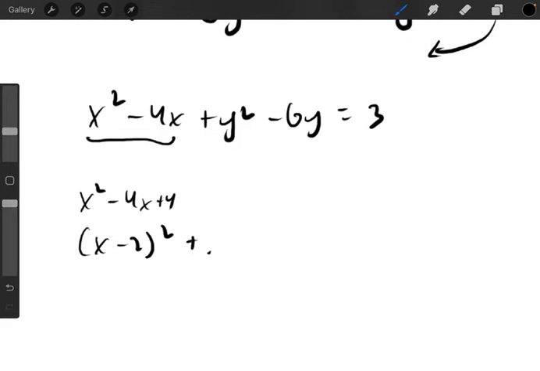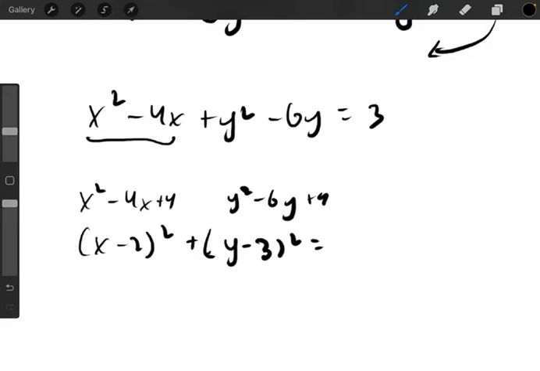If anyone doesn't know how to complete the square, you can look up a quick video. It's not that hard. Second part is going to be y squared minus 6y plus 9, add 9 to both sides, and you get y minus 3 squared.